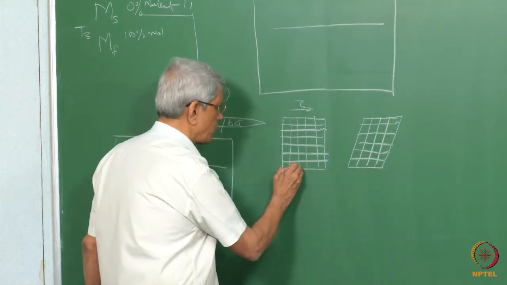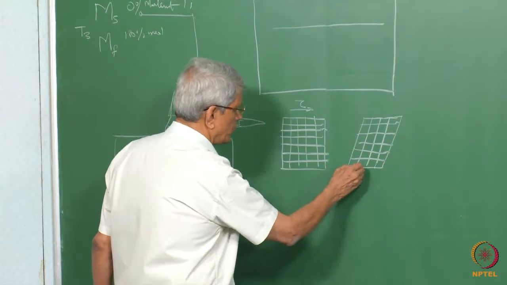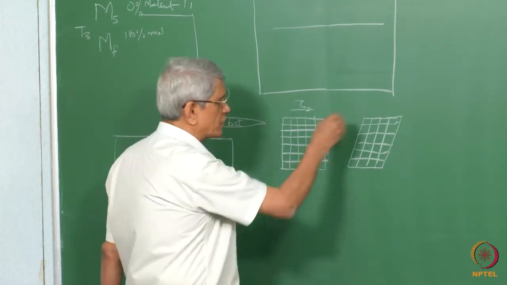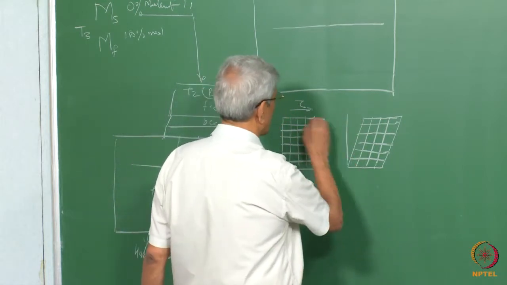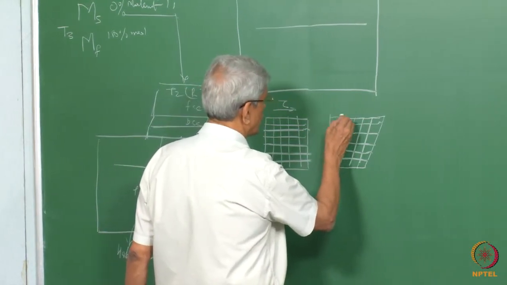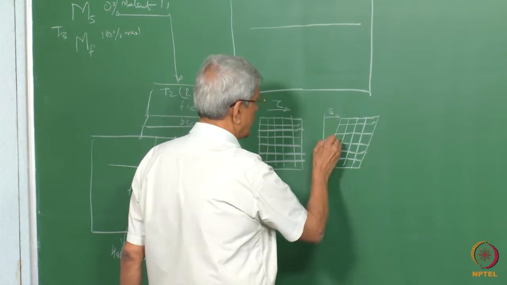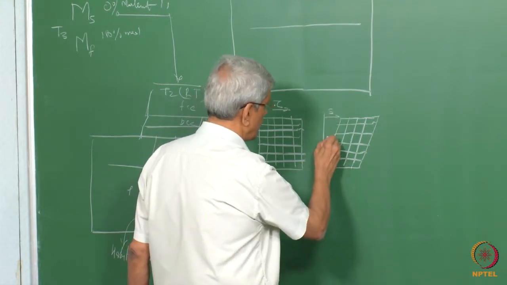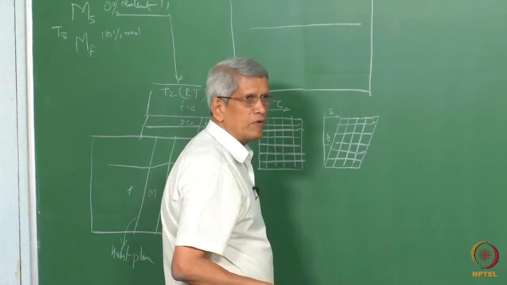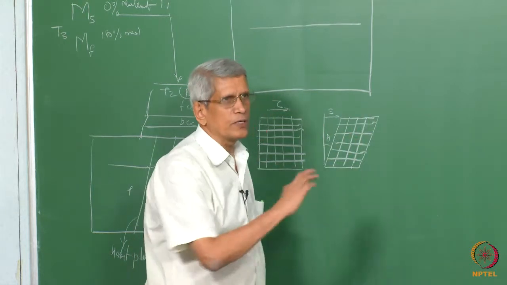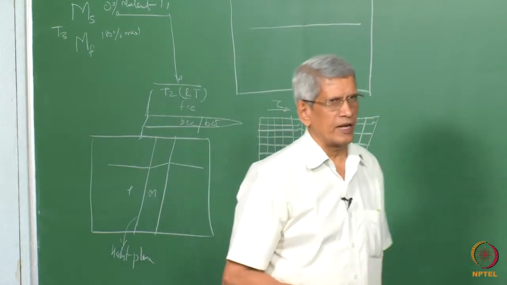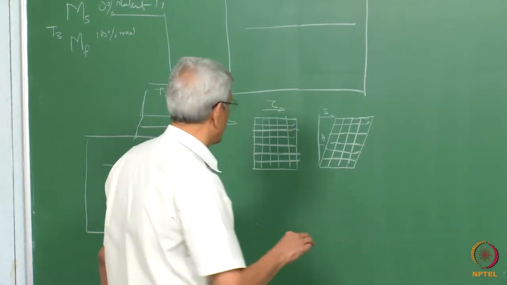A square cell has gone into a parallelogram. A phase transformation has occurred. And what is the strain corresponding to this? This is going to be the displacement. You can take it to be the shear; if you know this angle, tan theta will be the shear. This is the shear which is required to transform from one lattice to another lattice, correct?